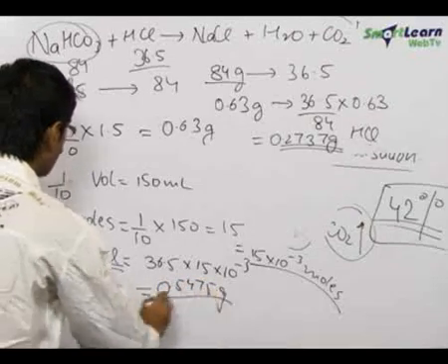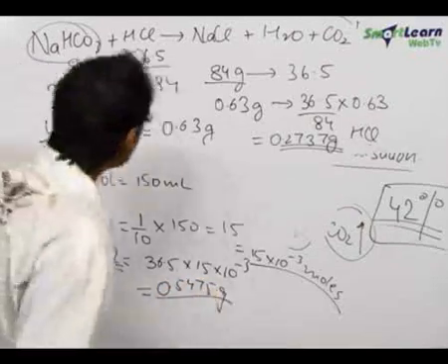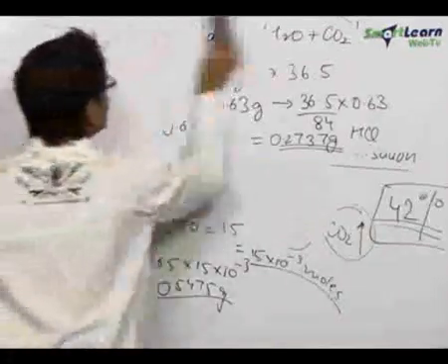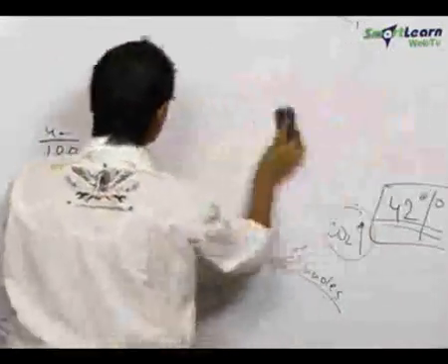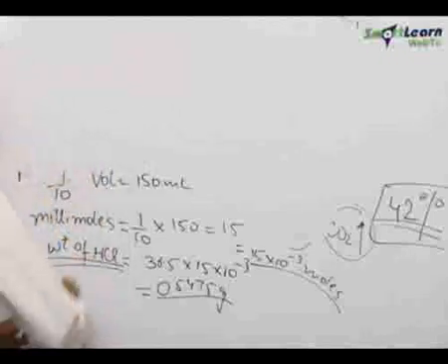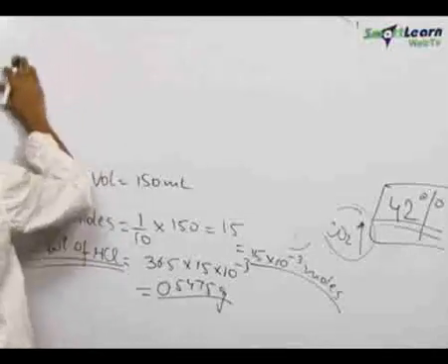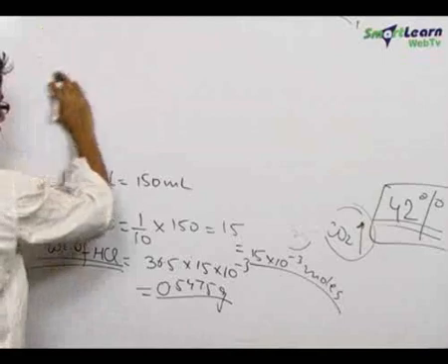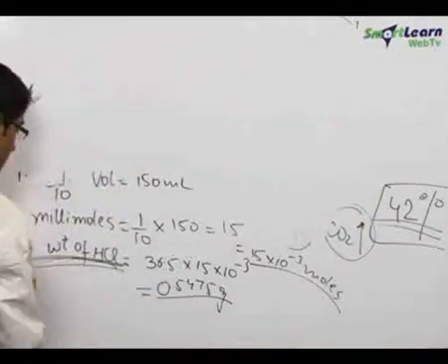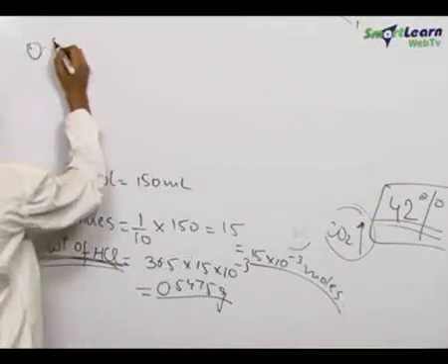to obtain the weight of HCl as 0.5475 grams. Hence the total weight of HCl utilized is equal to the amount of HCl utilized by Na2CO3 plus the amount of HCl utilized by NaHCO3. The total amount of HCl utilized is equal to 0.5475.